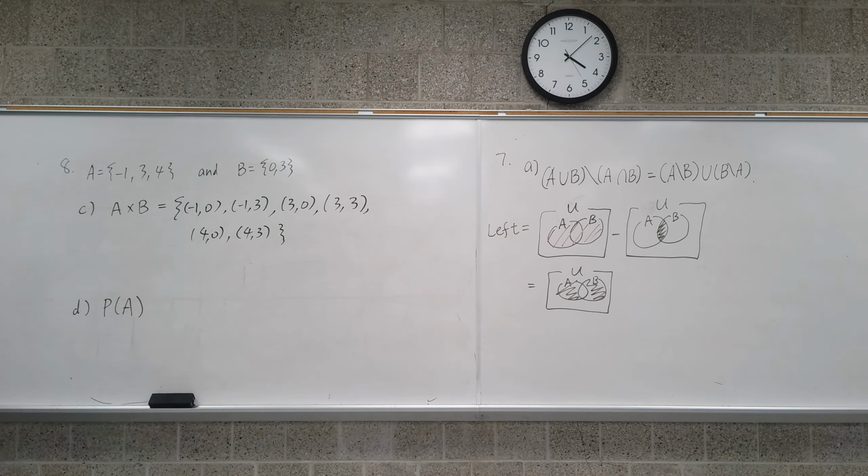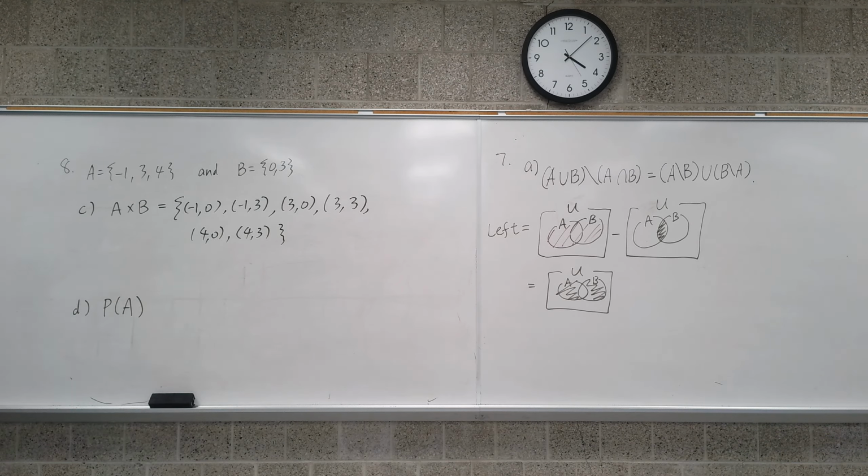What about P of A? P of A is the set of all subsets. And remember, when you talk about subsets, you should always include the null set. And then you have singletons: {-1}, {3}, {4}.